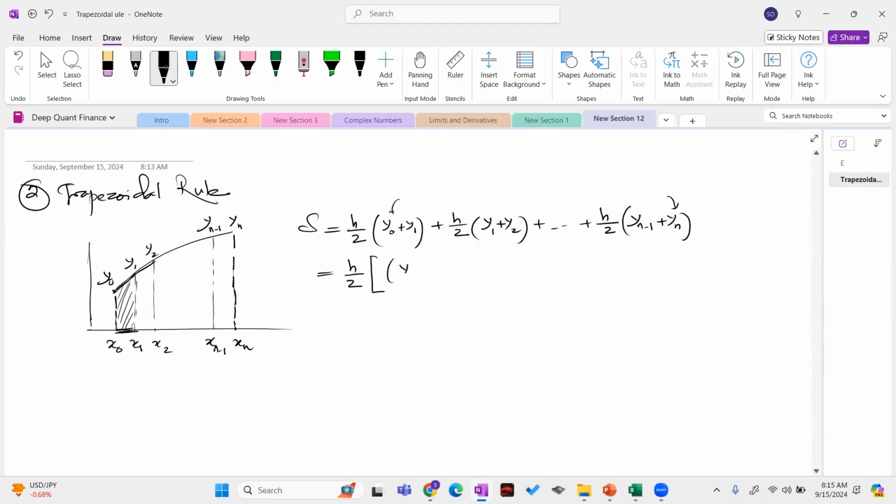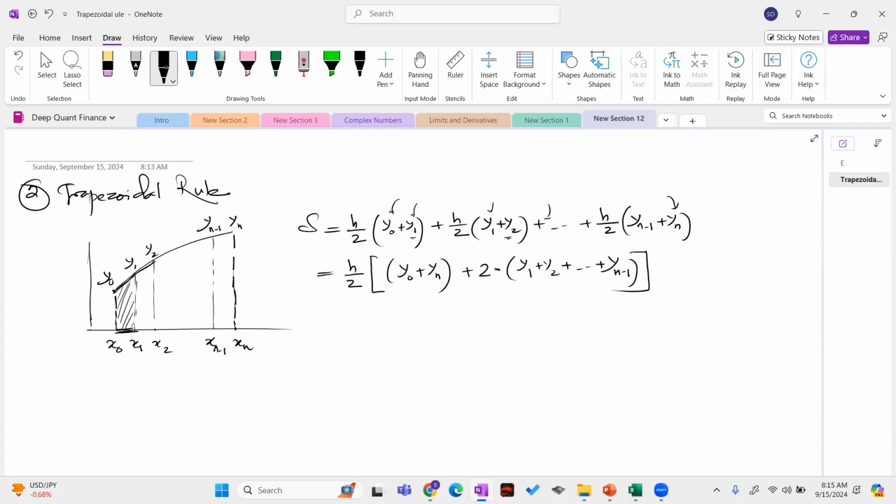So I can club those together, y0 plus yn, first and last. Every other term will come twice. y1 will come here, y1 will come here, y2 will come here, y2 will come here. So I can write 2 times all the other values, y1 plus y2 up to yn minus 1. So this is the formula for the trapezoid rule.